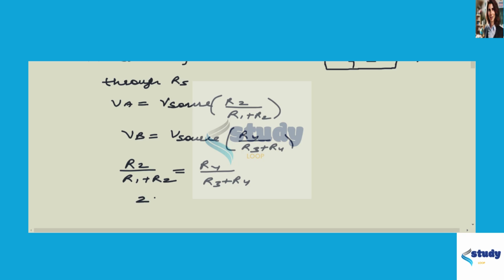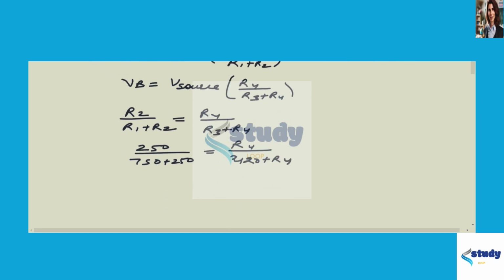So this becomes 250 upon 750 plus 250 equals R4 upon 420 plus R4. So this becomes 0.25 into 420 plus R4 equals R4.